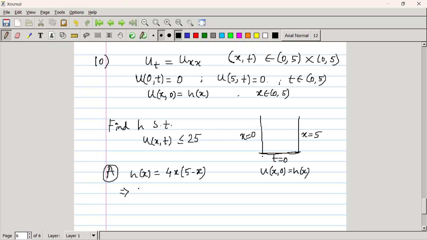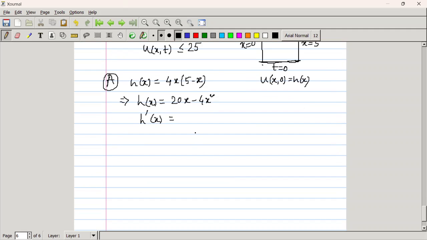You have to just differentiate. Let me write h(x) again: it is 20x minus 4x squared. We find h'(x) and put it equal to 0, then find h''(x) and show that it is negative.